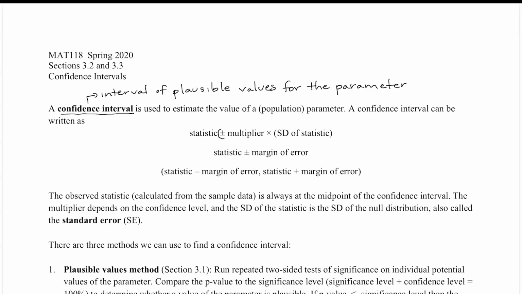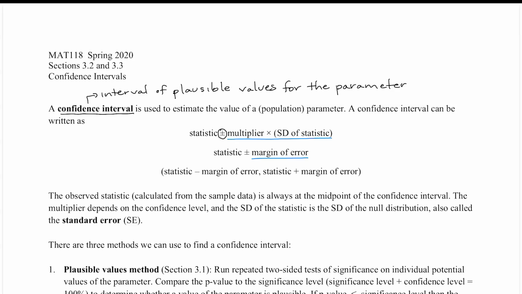We can write the confidence interval as a statistic, which again is going to be either p hat or x bar, depending on the type of variable you have, plus or minus, that's what this symbol here is, a multiplier times the standard deviation of the statistic. Now, the multiplier times the standard deviation of the statistic is called the margin of error. So those two things are the same.